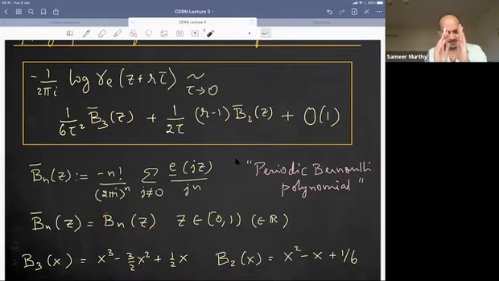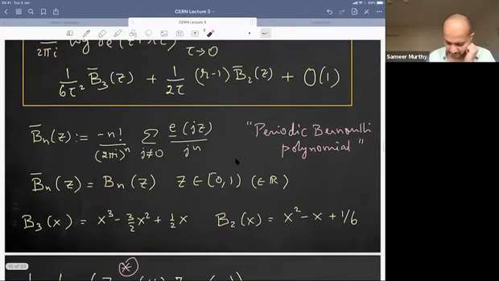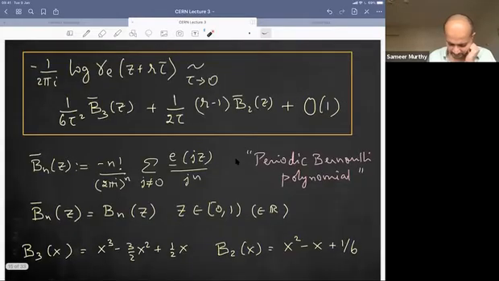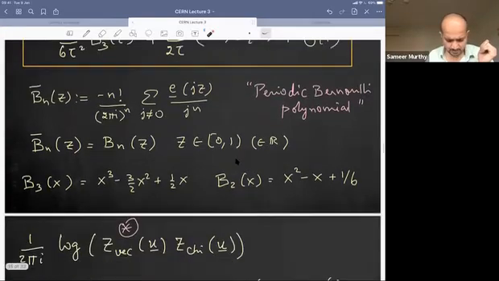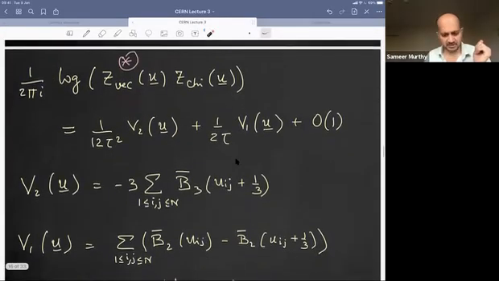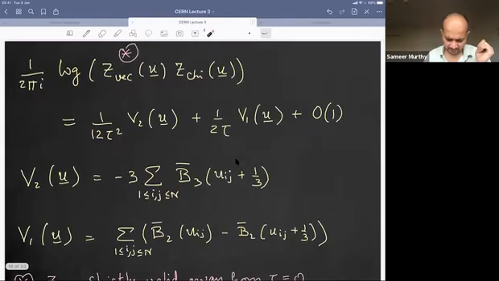Then you can define the function by periodicity or by the Fourier expansion, which is the same. Just to remind you, Bn is an nth order polynomial. Here is B2, and here is B3. B1 is x.